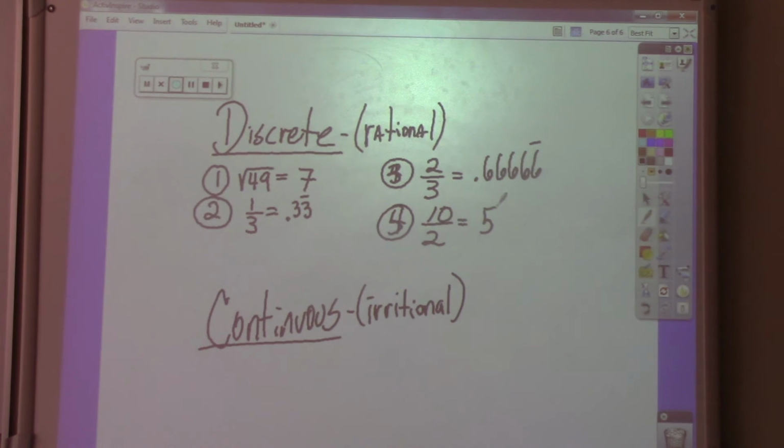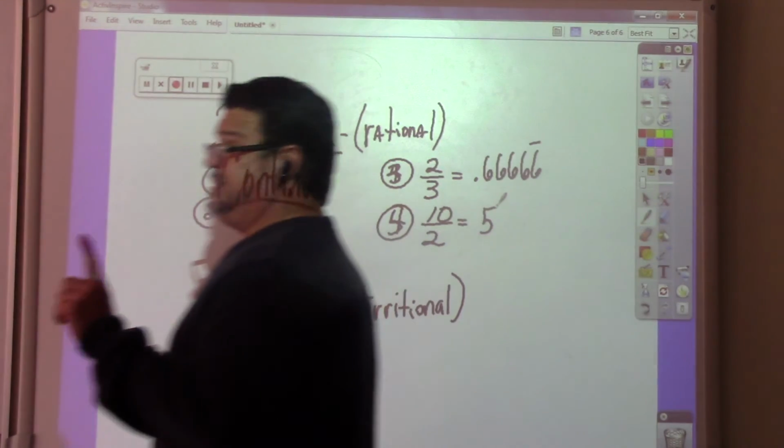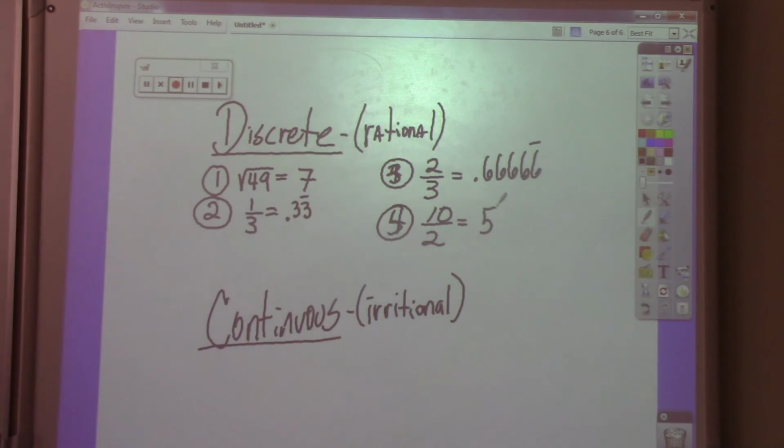What can you tell me that all of these numbers have in common? Well, you can't say it's decimals because 2 of them aren't decimals. You can't say it's whole numbers. You can't take fractions, decimals, or whole numbers.